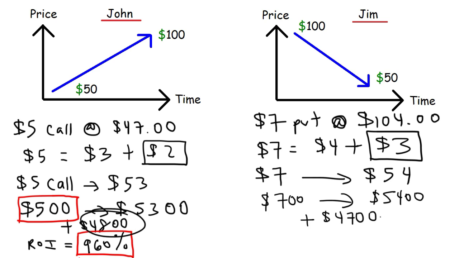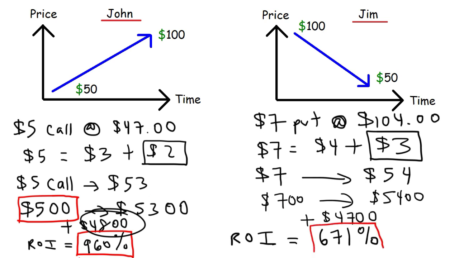Now, these two are pretty close, but because this one was more expensive than what we had here, the gain is a little bit less. Now, the return on investment is going to be a gain of $4,700 divided by the initial investment of $700 times 100%. So that's going to be 671.4%. I'm going to round it to the nearest whole number.